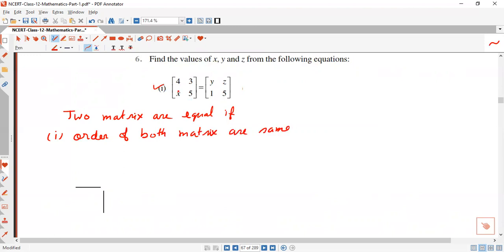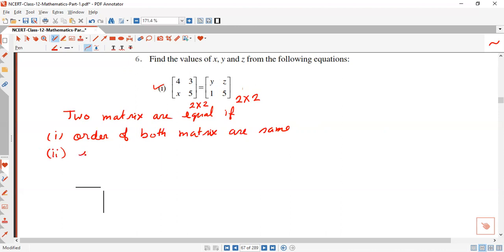It is given here that both the matrices are equal, so naturally their order must be the same. The order of the first matrix is two rows, two columns, 2 by 2. The order of the second matrix is two rows and two columns, 2 by 2. So the order of both matrices is the same because they are equal.